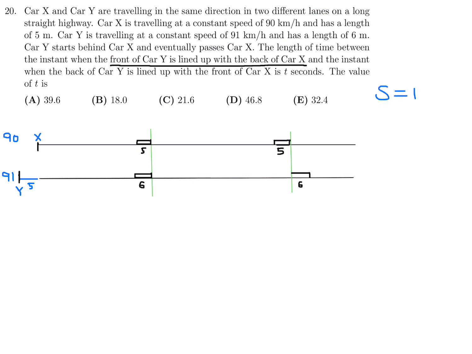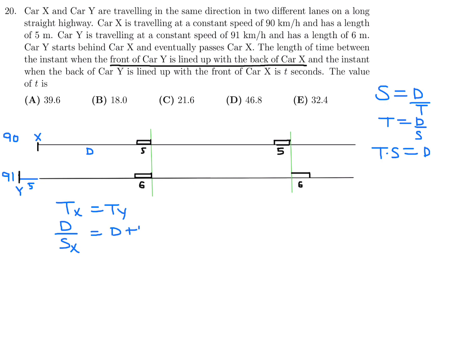As always, speed is equal to distance over time. Time is equal to distance over speed, or distance is equal to time multiplied by speed. In the first scenario, since they meet, the amount of time that's elapsed is the same, so the time for X is the same as the time for Y. Use the D over S formula. If I'm calling this distance D, then for Y we have to add on 5 meters because Y starts 5 meters behind.